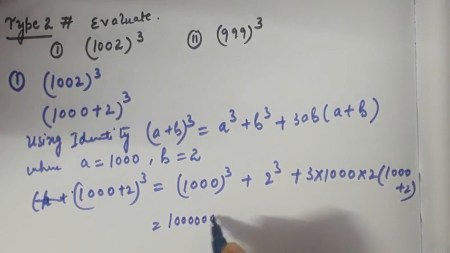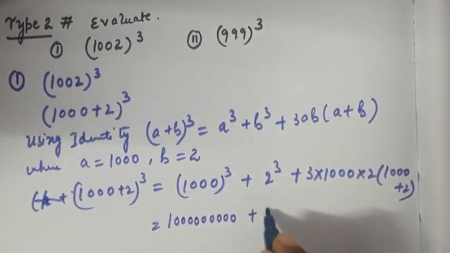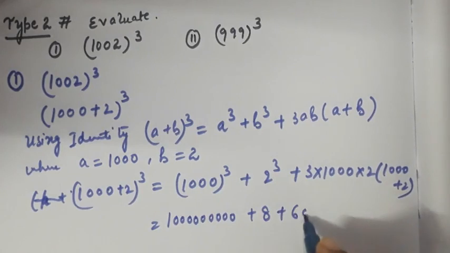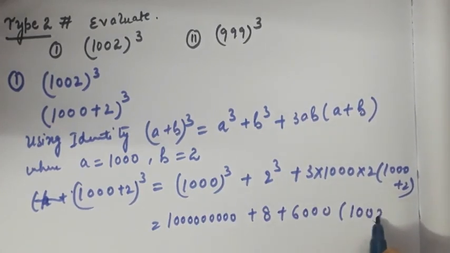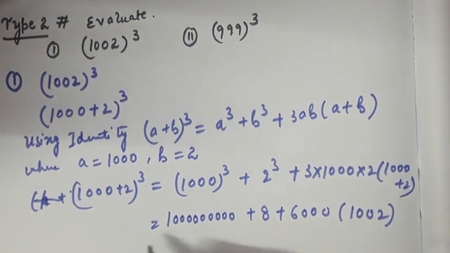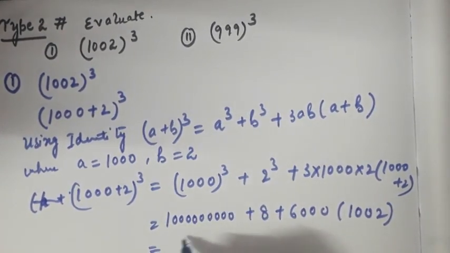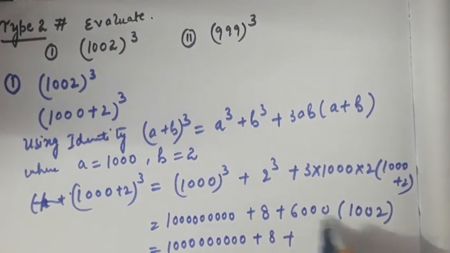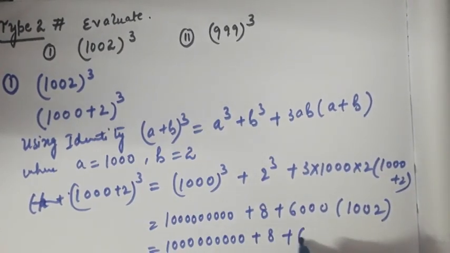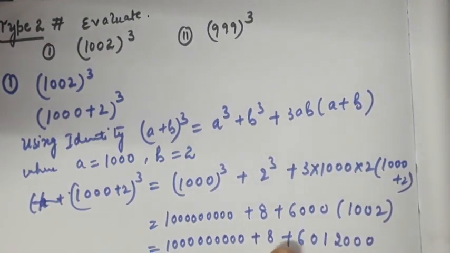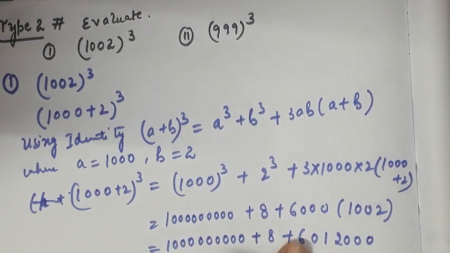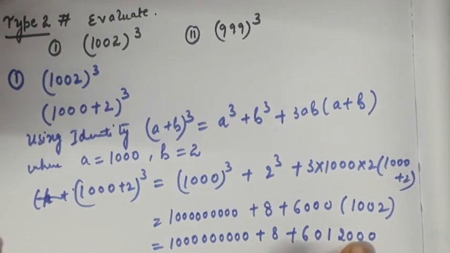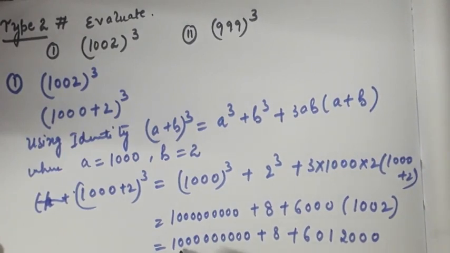1000 cube is 1 followed by 9 zeros, plus 8, plus 3000 into 6000, this is 1002. While solving all this, you get the answer 60 lakhs 12,000 and so on.